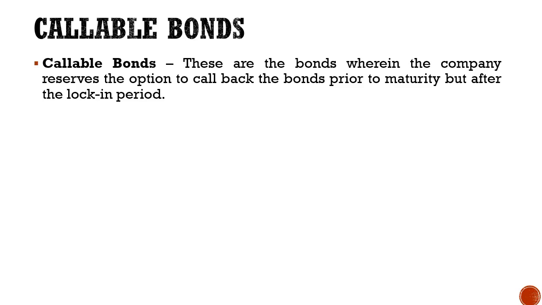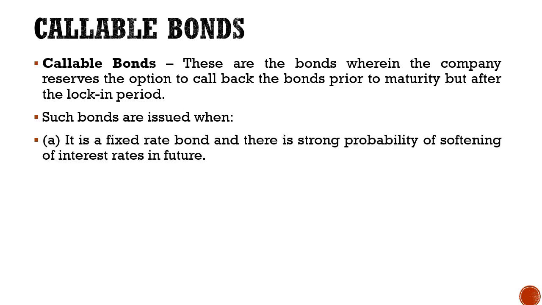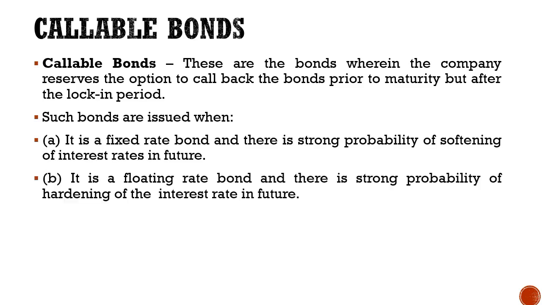Such bonds are issued when, number one, it is a fixed rate bond and there is a strong probability of softening of interest rates in future. And second, it is a floating rate bond and there is a strong possibility of hardening of the interest rate in future. So based on these two reasons, the bonds can be called back.